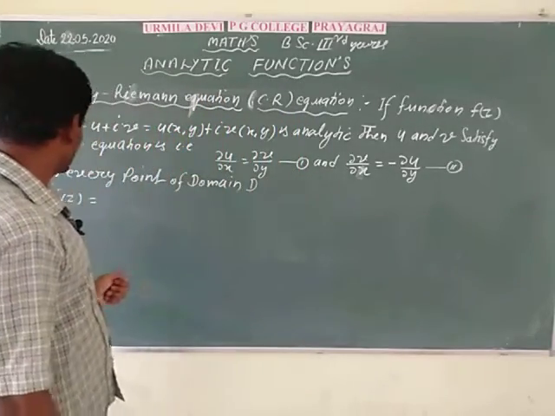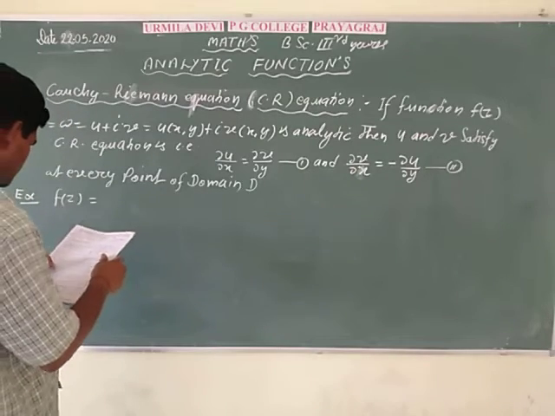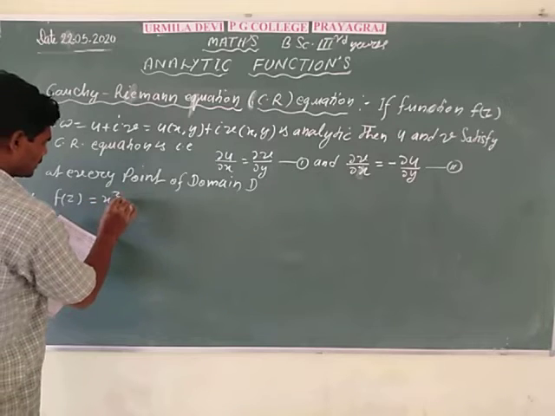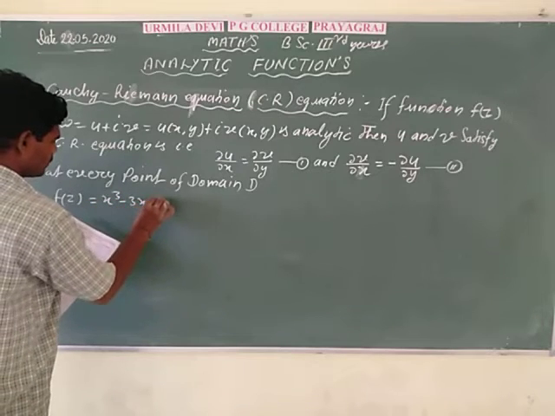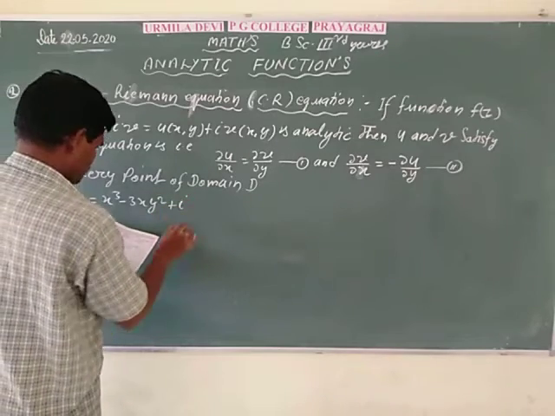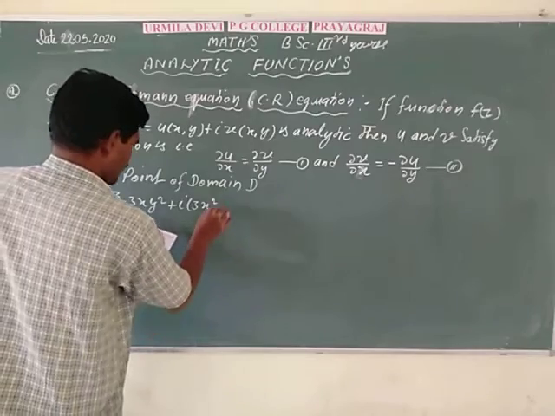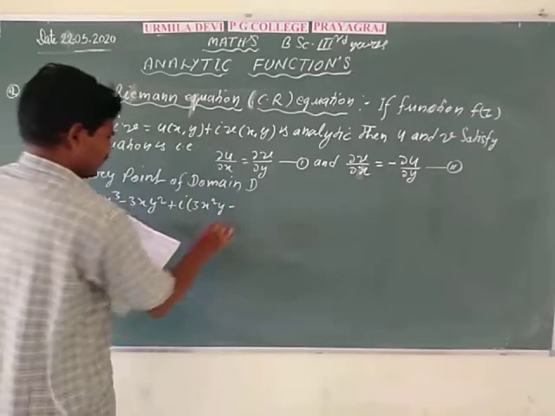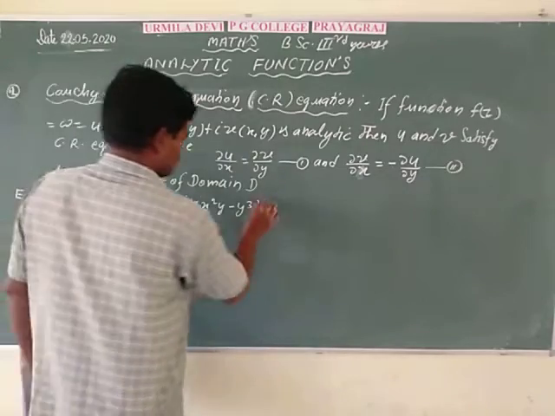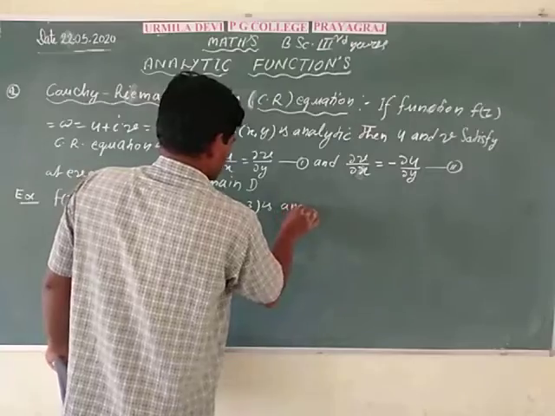For this, consider an example: f(z) is equal to x cube minus 3 x y square plus i times 3 x square y minus y cube. Prove that it is an analytic function.